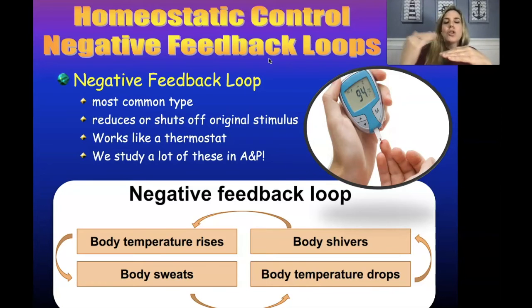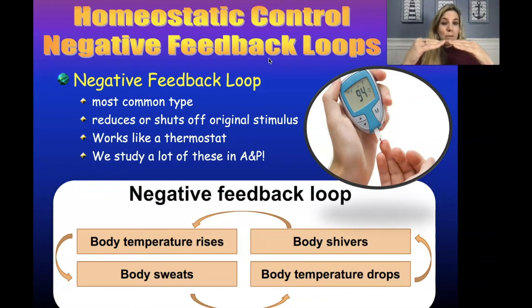I'm going to send a message to the heater to turn on to bring the temperature back up. And so it does. Once the heater kicks in, it brings the temperature back up. Then the thermometer is going to say, okay, now it's at 71. Send that message to the control center. Control center is saying, we're good. Okay, heater, shut off. So that's a negative feedback mechanism.